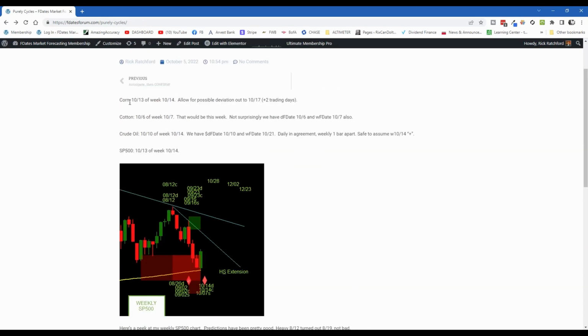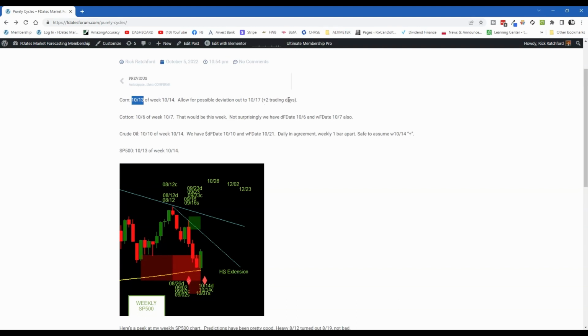So cycles are indicating around October 13th for corn, for an important turn. But I do see the possibility that if it doesn't occur on 10/13, it could be pushed out as far as 2 days past 10/13. So don't be surprised if it occurs on 10/14 or on 10/17.